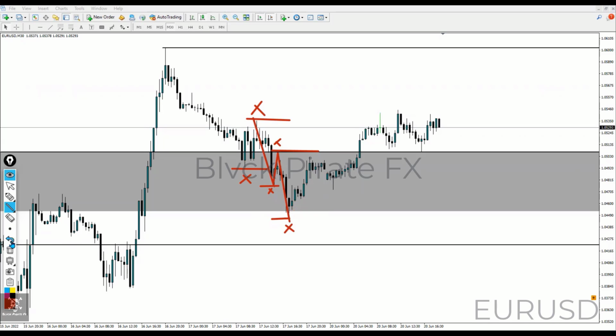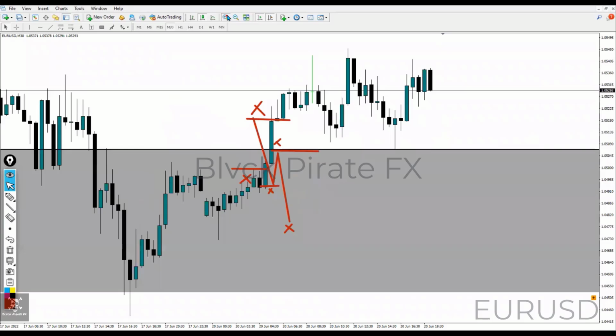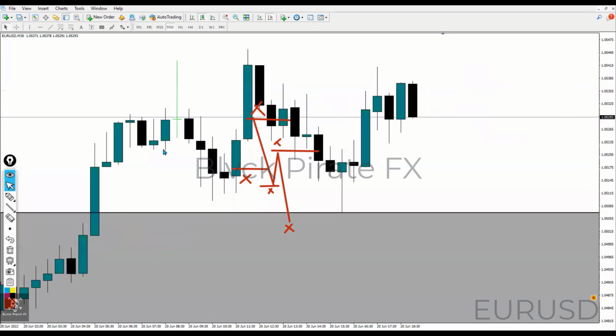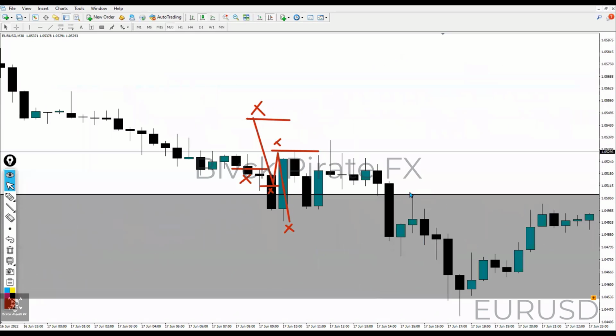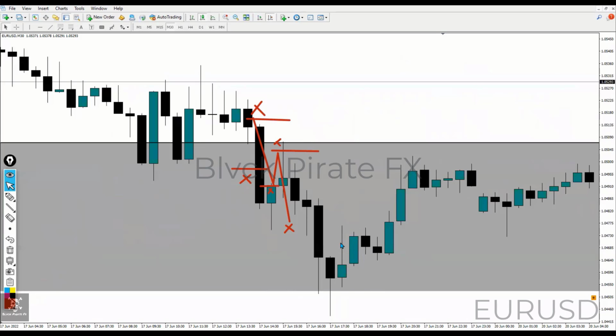Let me show you. I'm going to zoom in right there. You can see how this candle has got a lower high. We've got the highest candle right there, and we've got another candle. What does this create for you?